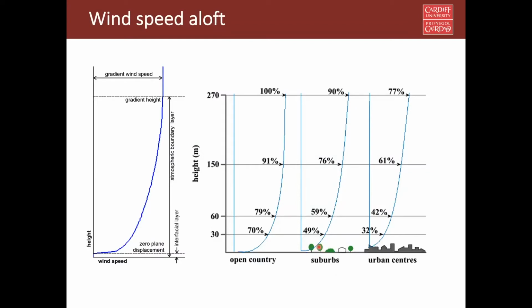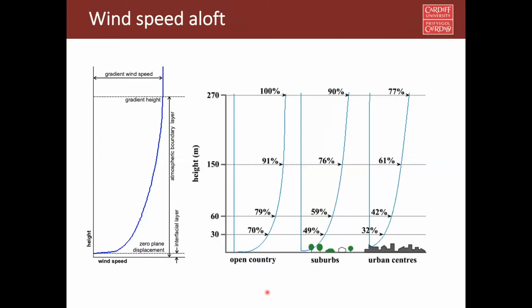That's what we call zero plane displacement. So the velocity exponential curve starts from the zero plane displacement. The same is true for urban centers. There are so many tall buildings and medium-sized buildings, so the zero plane displacement starts a little bit higher up. All this has an effect on wind velocity.